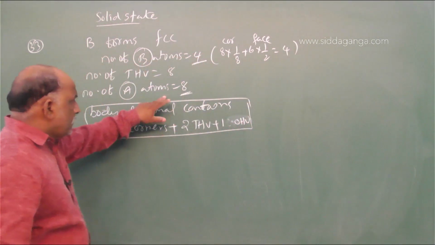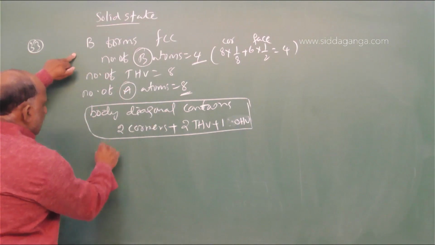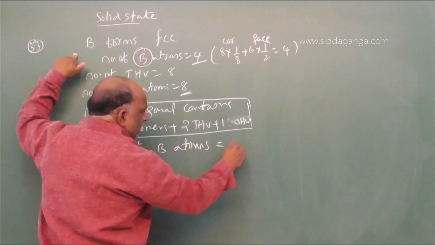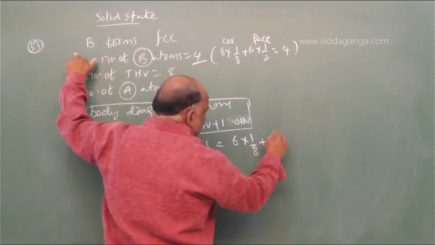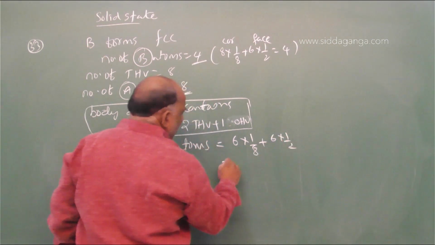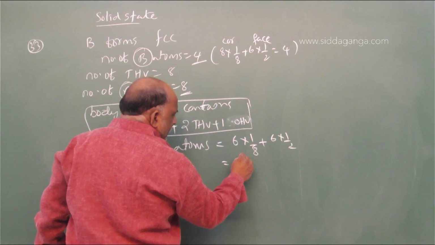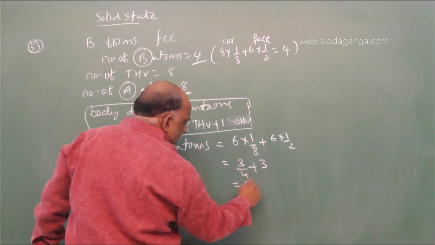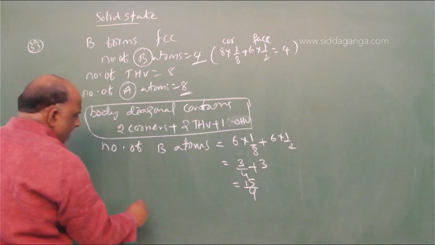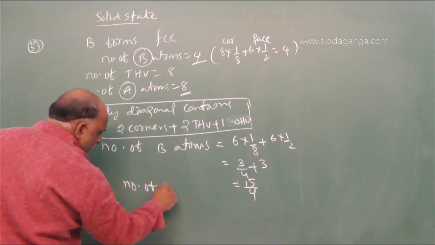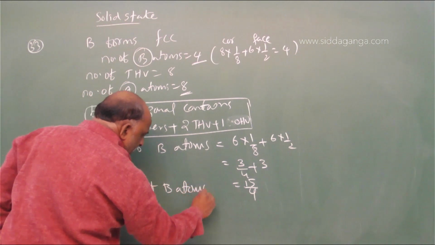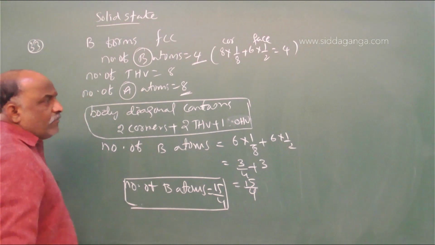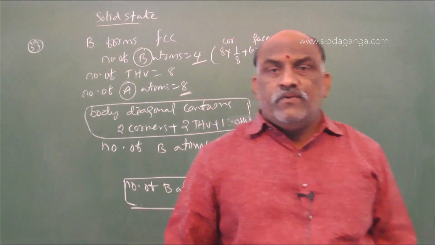On the basis of this, again we calculate the number of B atoms: 6 into 1 by 8 plus 6 into 1 by 2, which is 3 by 4 plus 3, equal to 15 by 4. Number of B atoms is 15 by 4.